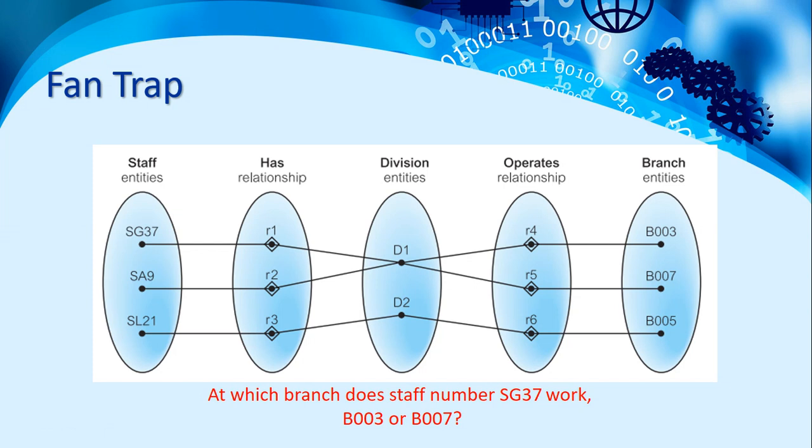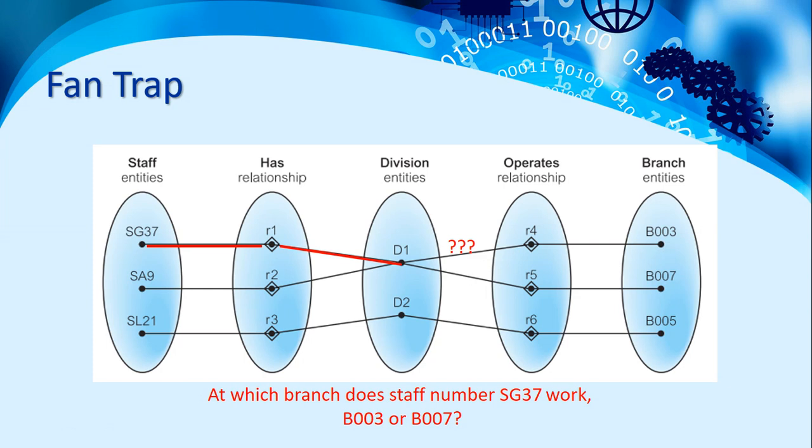There are actually two possible branches. It's either B003 or B007. So where, really? If we trace SG37, when we reach the division, there are two possible branches and it's confusing.